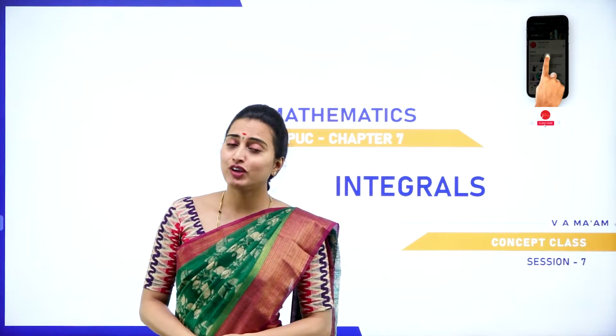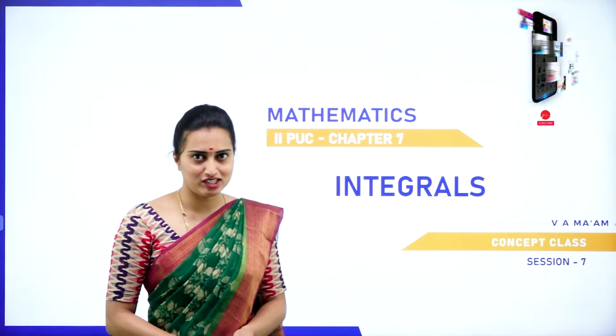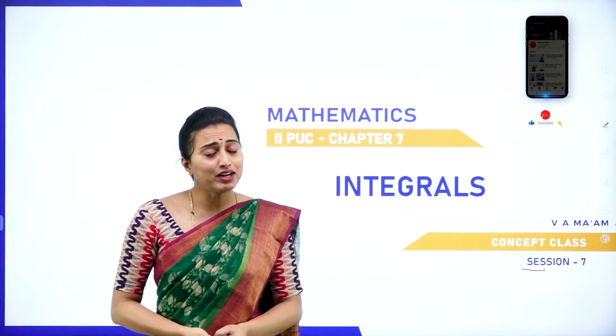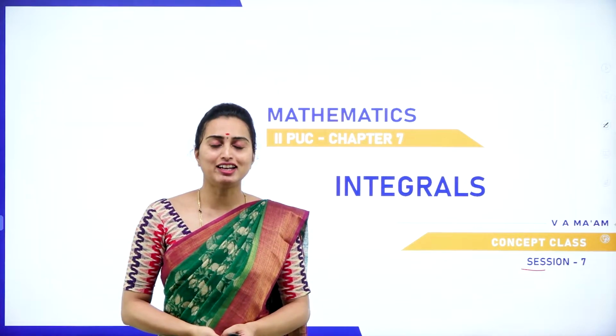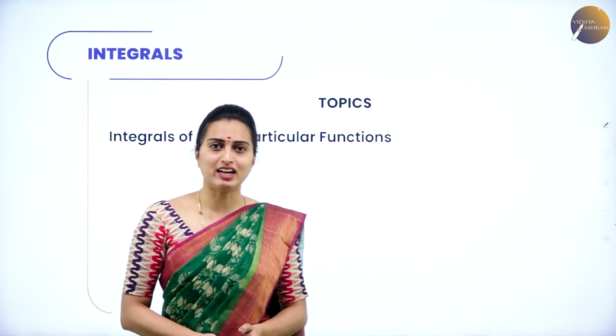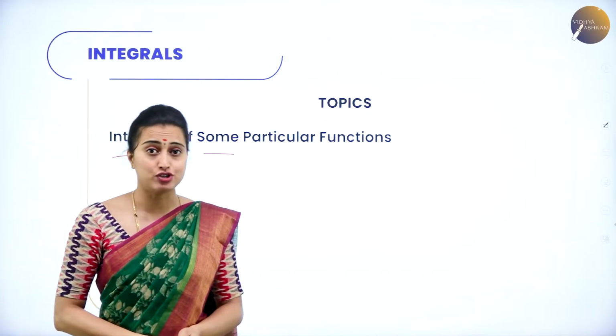So in the last session, we have learned many problems on trigonometric identities. And in today's session, dear students, here we are having session number 7 and chapter number 7 from your NCERT called Integrals. And the topic we are going to study under this session is integrals of some particular functions.